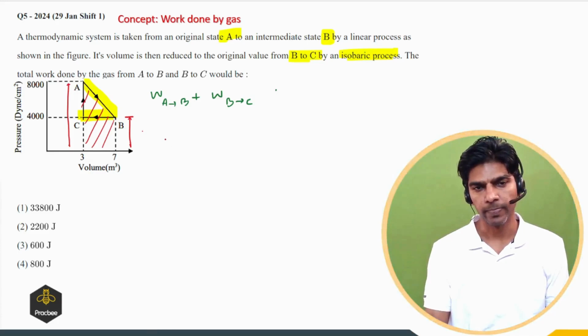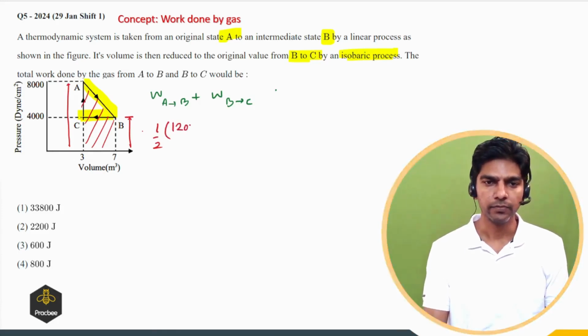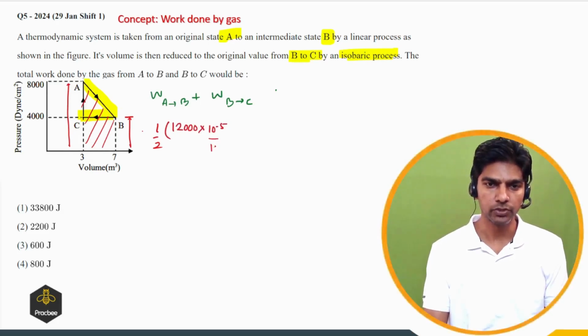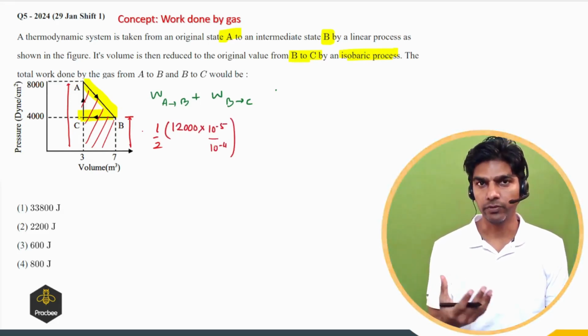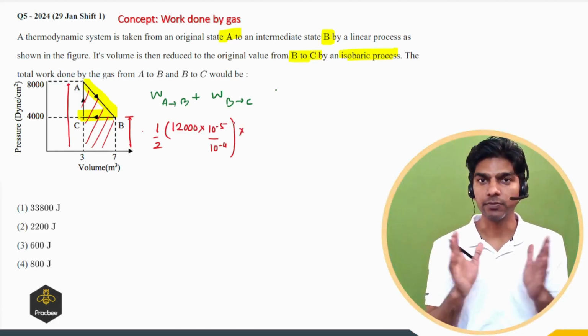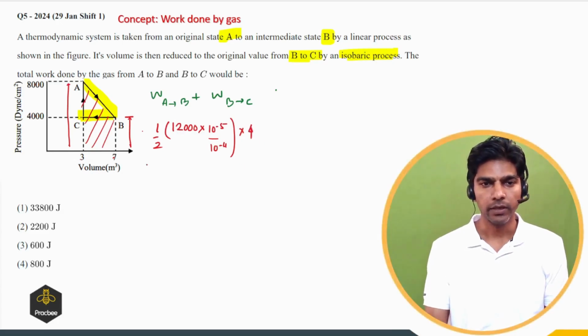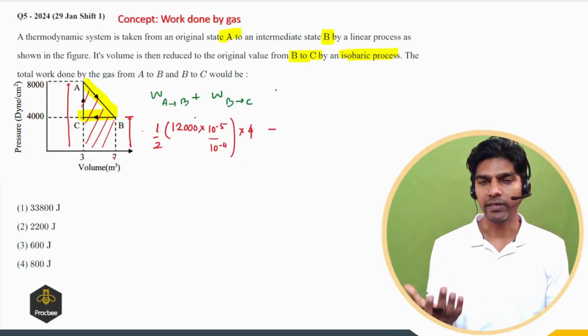So work done from A to B can be written as half the sum of parallel sides, that is 12,000 dynes per centimeter square. This can be written as 10 raised to power minus 5 divided by 10 raised to power minus 4. Now we have converted pressure into SI units. Now let us multiply this with the distance between the parallel sides, which is nothing but 7 minus 3, which is 4, and it is in meter cube. So we got the work done from A to B in joules.